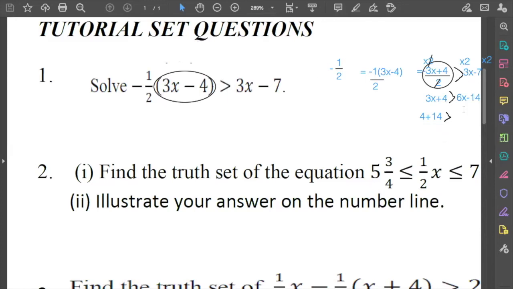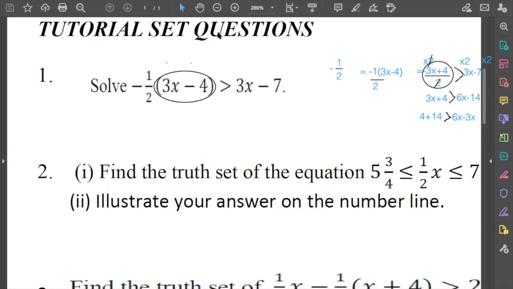So I have 6x here, and then when I cross this positive 3, I have minus 3x. 6x minus 3x. This is what I have. Now, 14 plus 4 is going to give me 18.